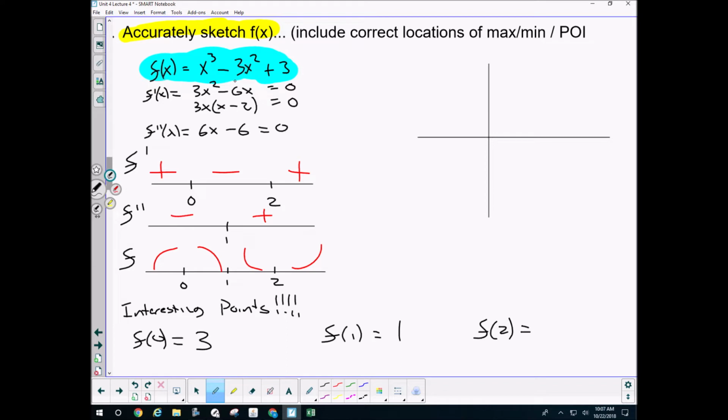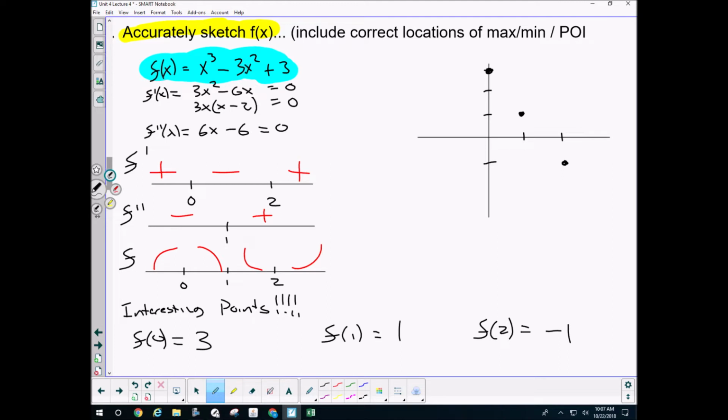Eight minus 12, negative 4, plus 3, negative 1. I have the points (0, 3), (1, 1), (2, negative 1). Great.